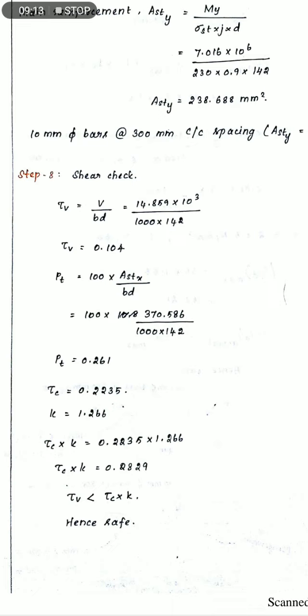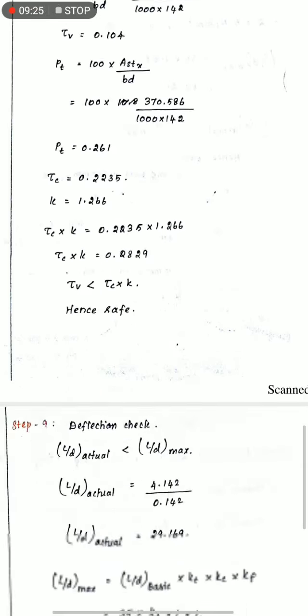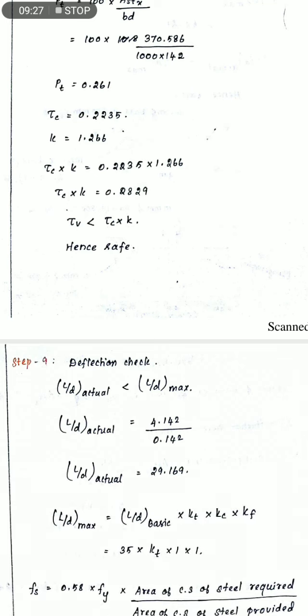If slab thickness is greater than 0.15, then the k value is 1 according to IS 456. Here tau v is less than tau c into k, so it is safe. In a slab the shear will be very less, so you have to concentrate on the deflection check only.